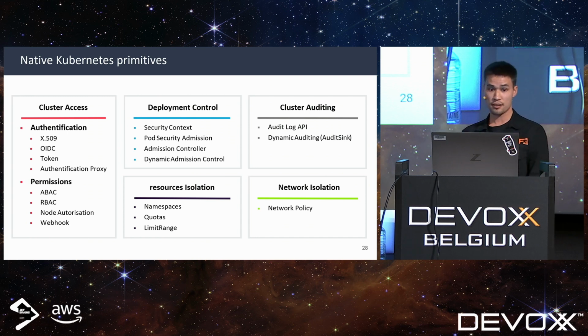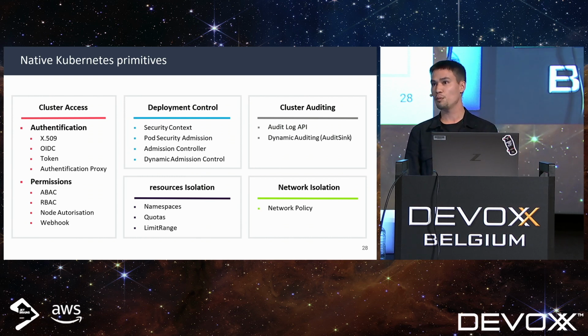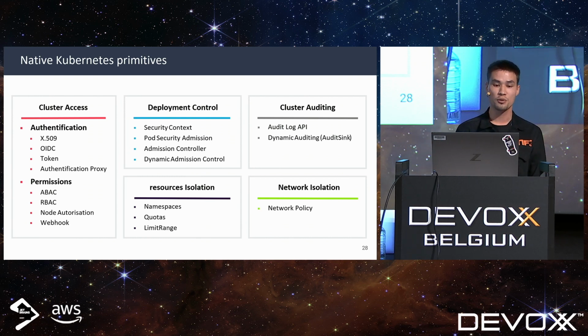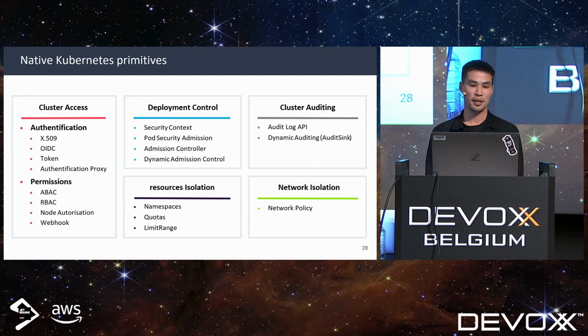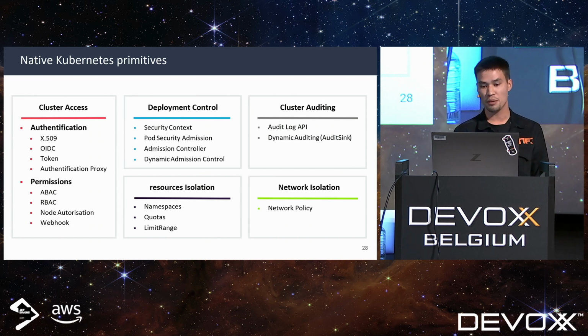Of course, Kubernetes allows us to implement authentication for our users, depending on different schemes. Same for permissions: I can restrict users using Kubernetes resources with different strategies. I can control the deployment of my workload using, again, different schemes or strategies that we are going to demo later: SecurityContext, Pod Security Admission, and AdmissionController for most of them.